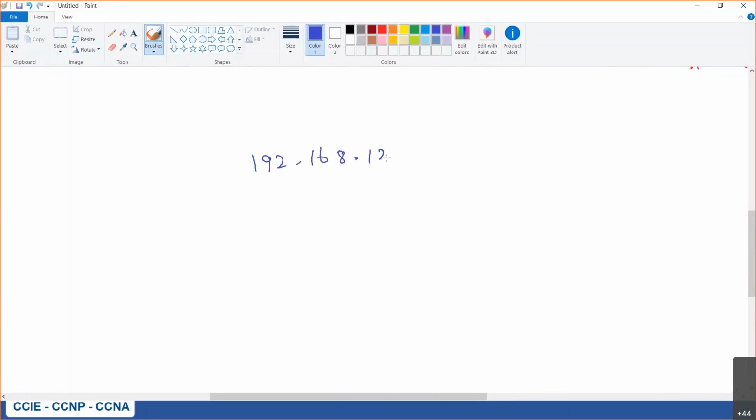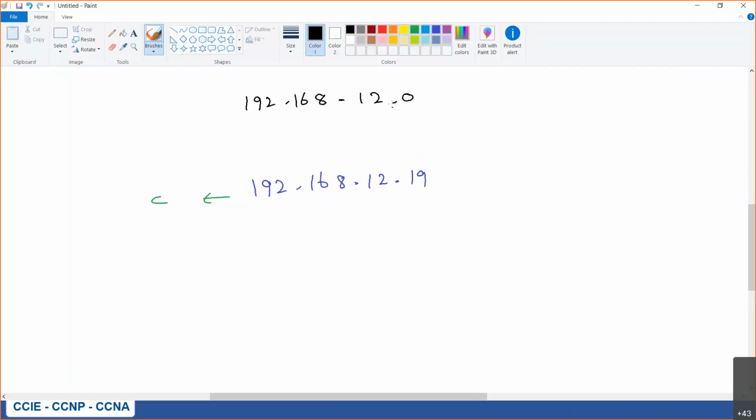192.168.12.19. Which class IP address? It is a class C. Network ID. Let's see here. The class C network is 192.168.12.0, right?